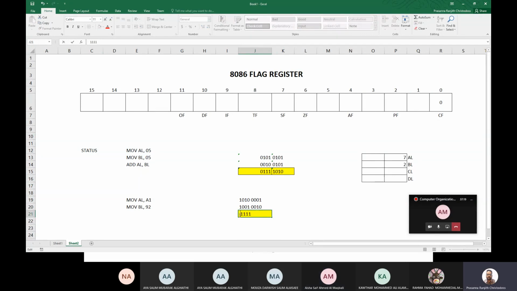Then 0 plus 1 is 1, and 1 plus 0 is 1. Then 0. Then 1 plus 1 is 1 0, 0 comes here, and now there is a 1 carry. Yes or no? When you add these two, do you have a carry?